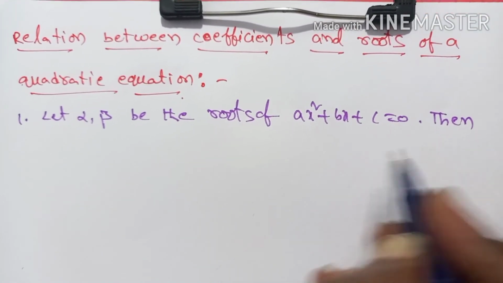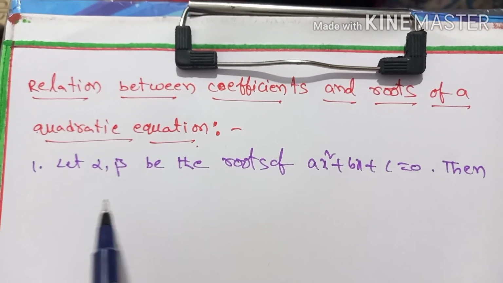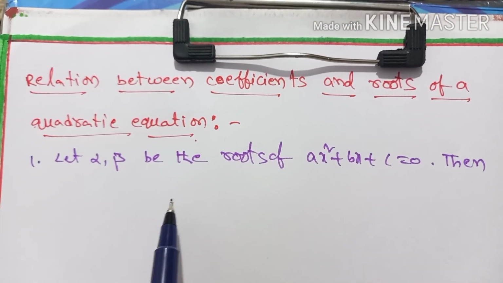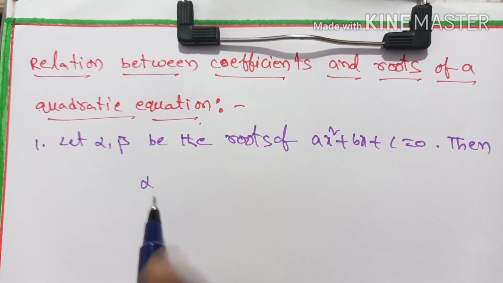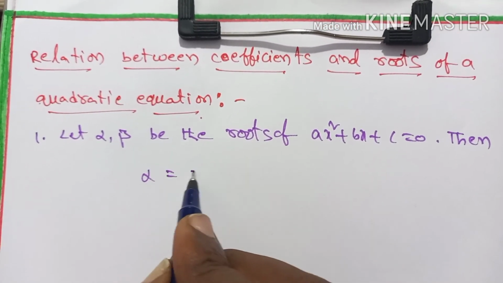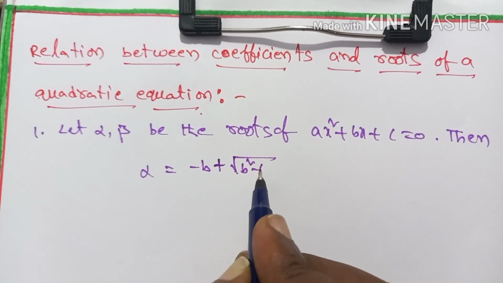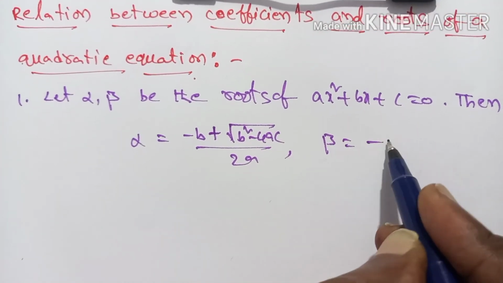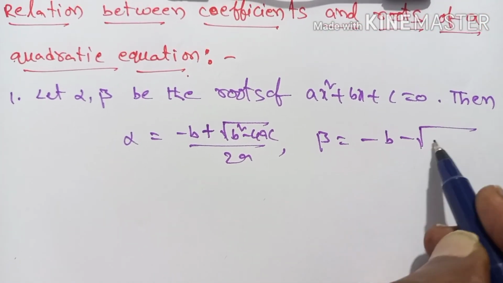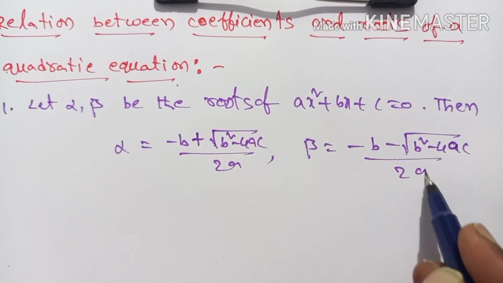This equation has two roots, alpha and beta. Alpha is equal to minus b plus root over b square minus 4ac by 2a, and beta is equal to minus b minus root over b square minus 4ac by 2a.